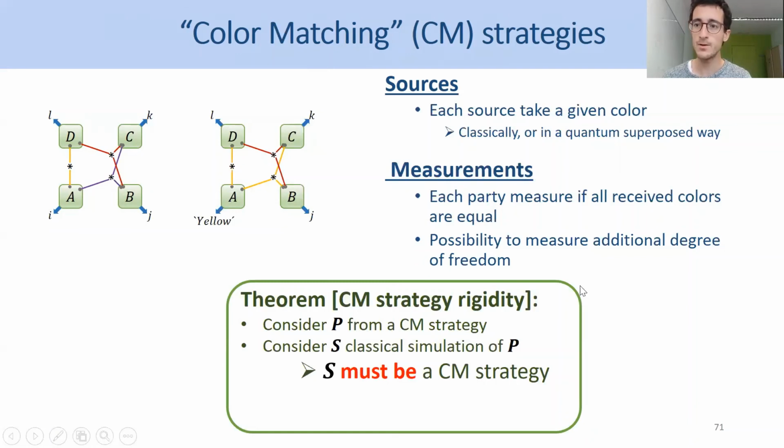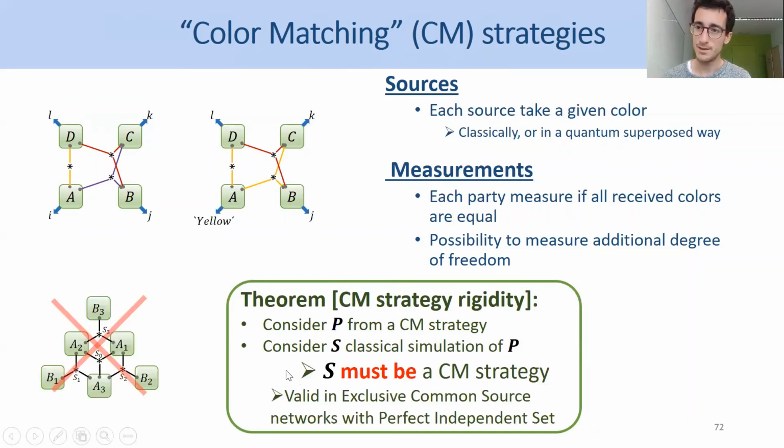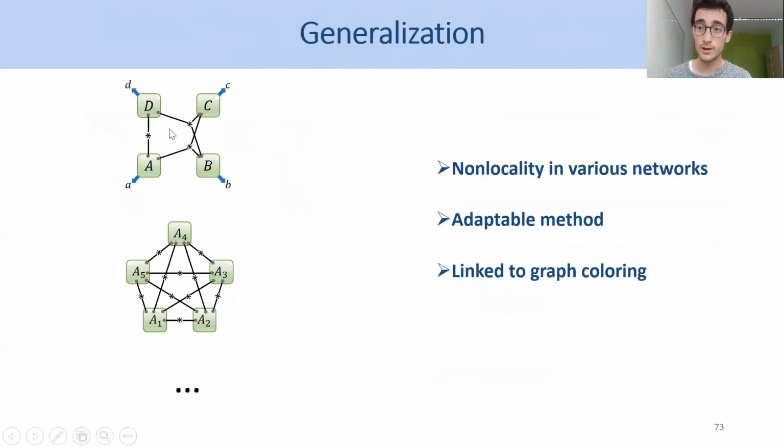So again, this theorem reduces a lot the class of possible classical explanations of your correlation, and it leads to network non-locality examples. Again, this is not valid in all networks. For instance, this network is excluded, and you have to have a look at our paper to see this precisely.